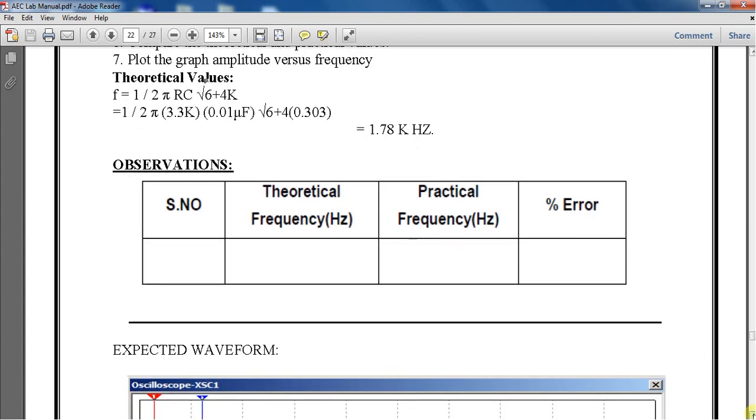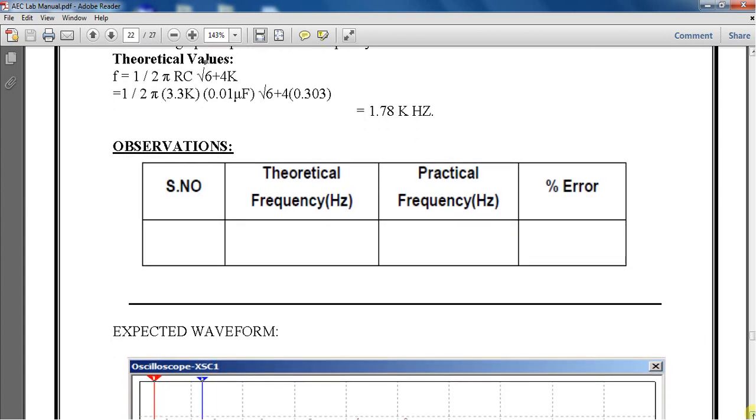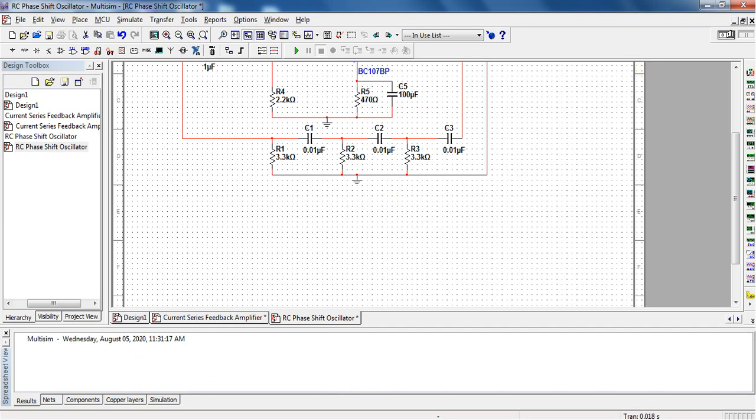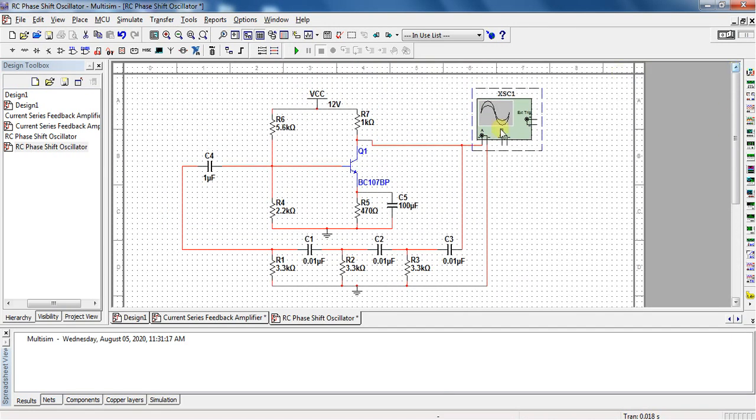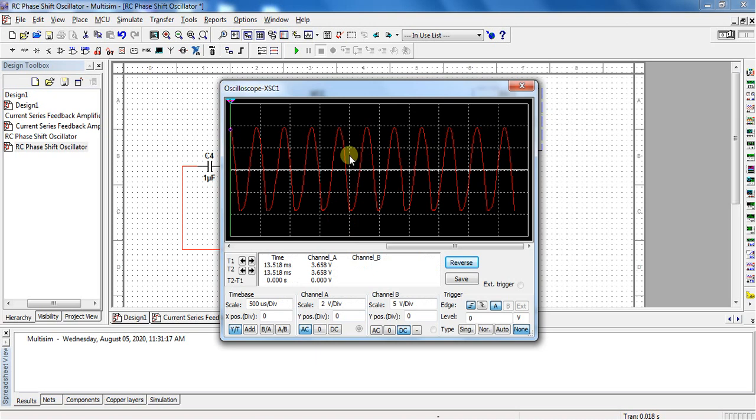Now theoretically, no need to vary this; a single value is sufficient. We need the theoretical frequency, the practical frequency and the percentage of error. Practically we are getting 2 kilohertz, and theoretically it is only 1.78 kilohertz. If you determine this height perfectly, this is less than 4 blocks: 1, 2, 3 and less than 4 blocks.